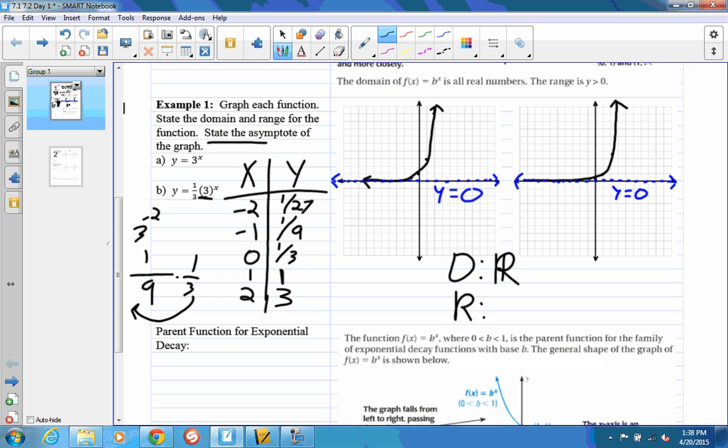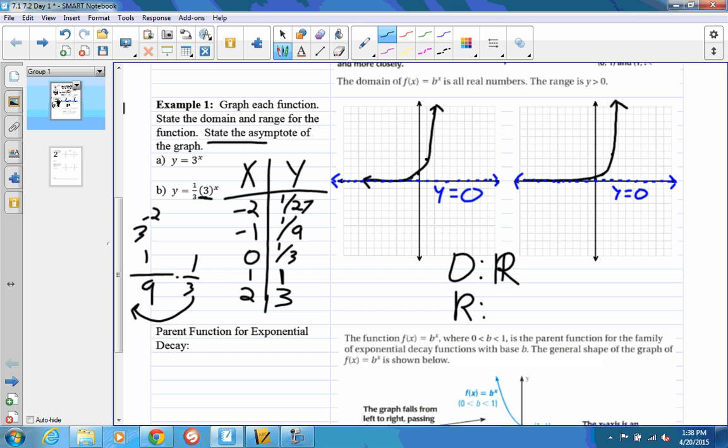Bolton, what do you got? What do you think is the range restricted here? Think about the last one. All right, so go up here. What does my range have to be greater than? 0.